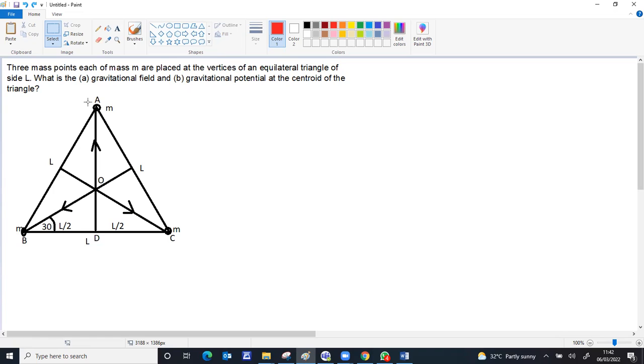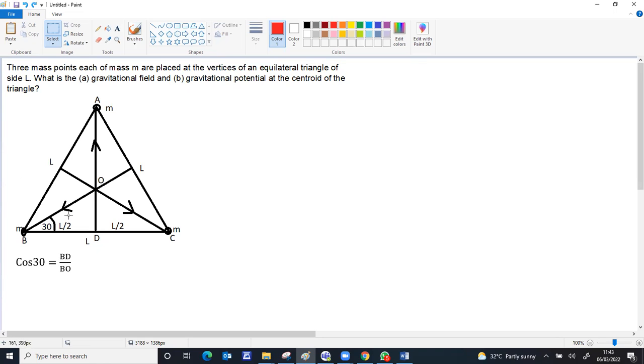For finding the effect of the mass at A, B and C at O, we need AO, BO, CO, which are equal. Taking the right triangle BOD, cos 30 is the adjacent side BD by the hypotenuse BO.